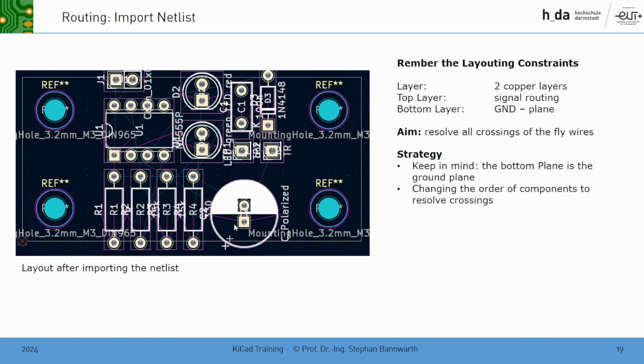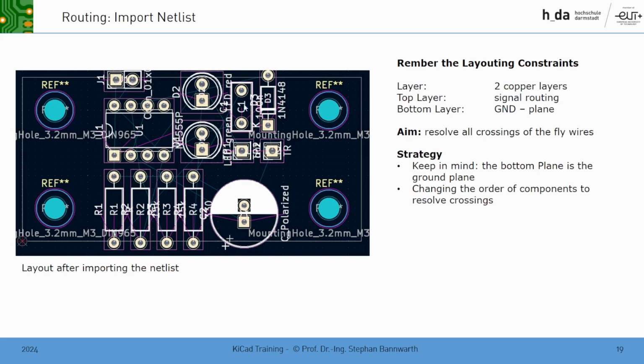So for example, here we see the charging and discharging capacitor, and we see that one part should be connected here somehow, another pin should be connected here and here. So what we have to do is to resolve all these fly lines and then pour the traces. Obviously, these components are only grouped by resistors, diodes and other things. So we have to resolve and order these components or footprints.